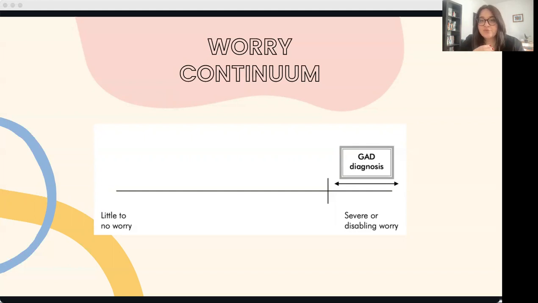Ranging from little to no worries present to severe and disabling worries. And it's only when these worries become present on a near daily basis, are excessive, are uncontrollable, and begin interfering with someone's daily functioning or lead to significant distress, do we then consider a diagnosis of generalized anxiety.